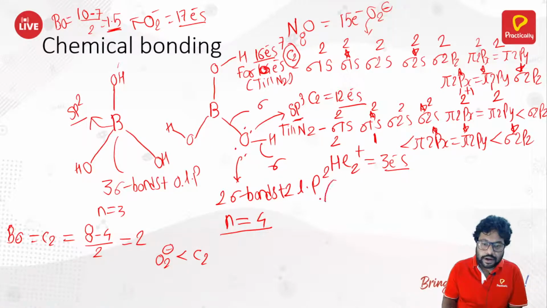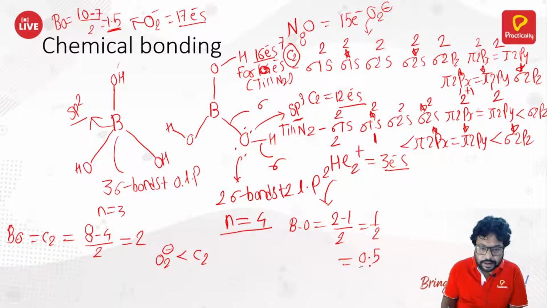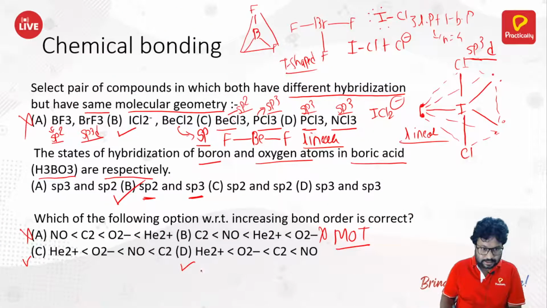So bond order for He2 1 plus has to be 2 minus 1 divided by 2, which is equal to 1 by 2, that is 0.5. So 0.5 is obviously lesser than the O2 1 minus. Technically it has to be the last, which is again last in both C and D options.